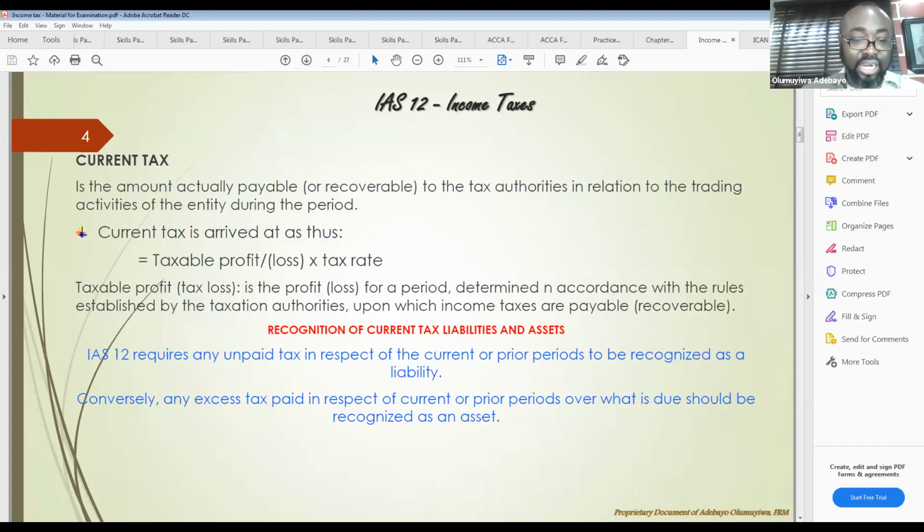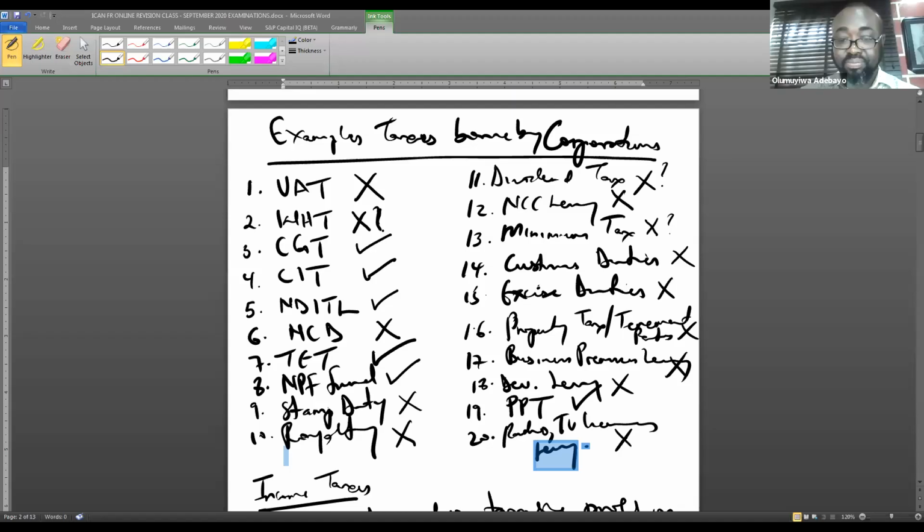Okay, I'll share a slide with you now. Let me share the screen and let's go back to our memories of how we arrive at taxable profit.